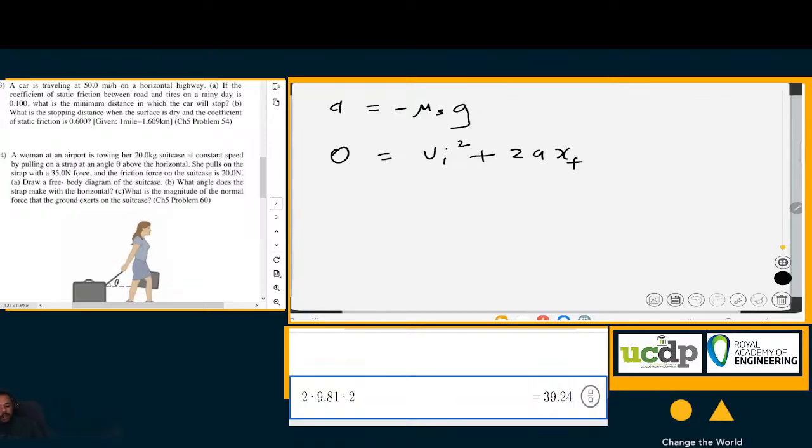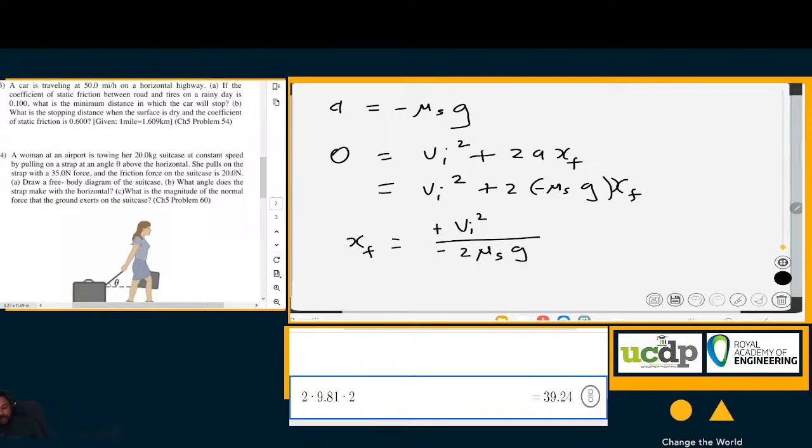This is the formula that we found, but we now also know that acceleration is negative mu s g times xf. And we want xf. We want the formula for xf. If we write xf down, we take v initial squared over, it becomes negative v initial squared, and we divide by a negative, so negative divided by a negative, 2 mu s g.